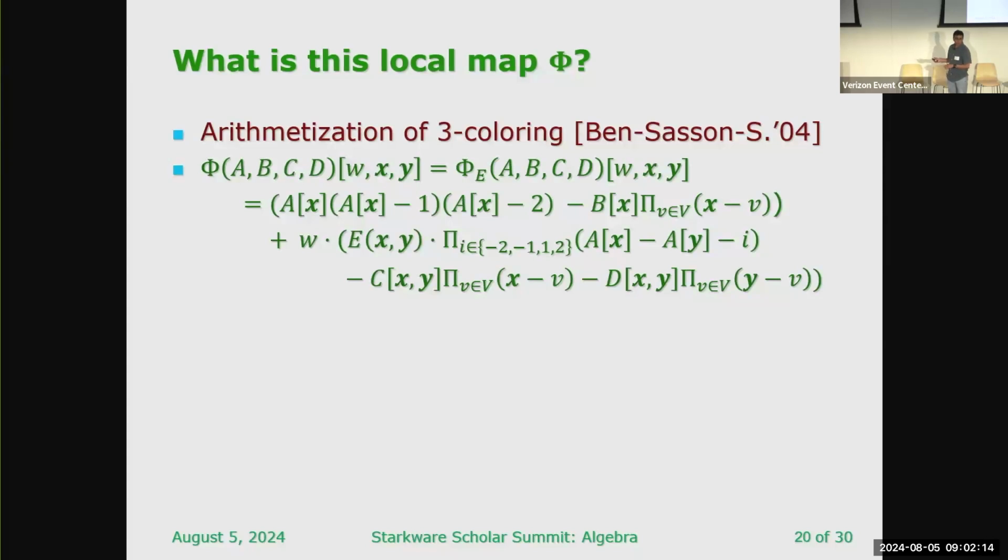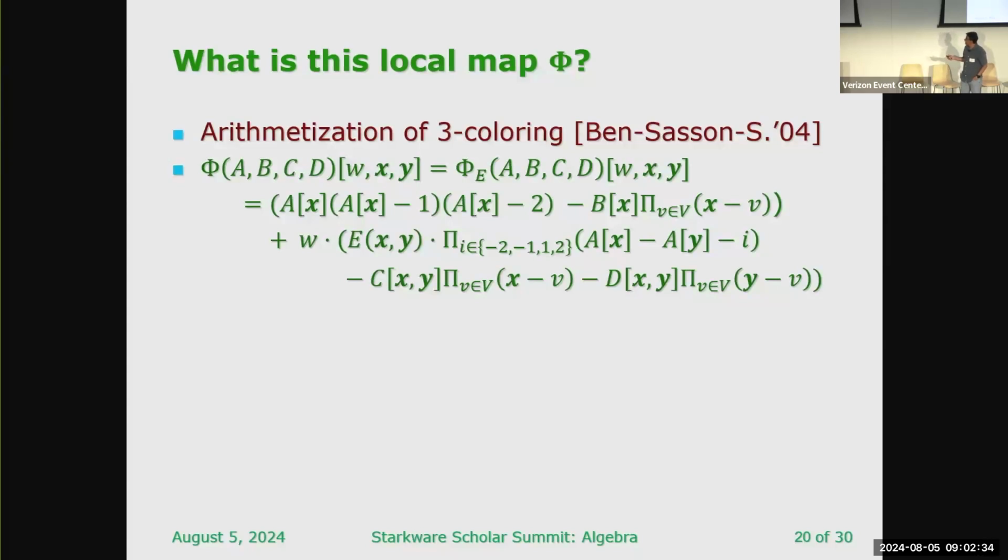And you notice that this thing has some constant number of values of A at X, A at Y, B at X, C at XY, and D at XY involved in it. Okay, these are it. A constant number of values of the polynomials that you're interested in is all we are looking at.